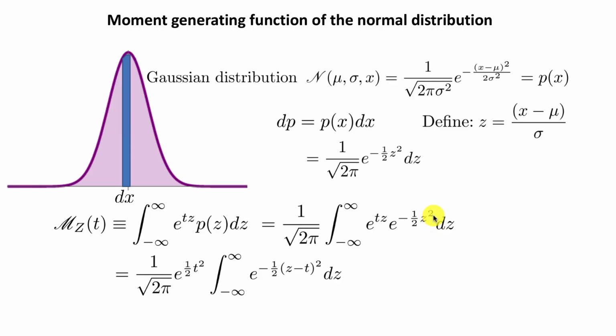As you can see, this thing over here is the same as e to the minus half (z minus t) squared, and there's e to the half t squared outside of the integration sign because this does not depend upon z. Now, this integral over here is simply square root of 2 pi, and so we get e to the t squared over 2. That is the moment generating function of the normal distribution. This is going to be crucial in our derivation of the central limit theorem.